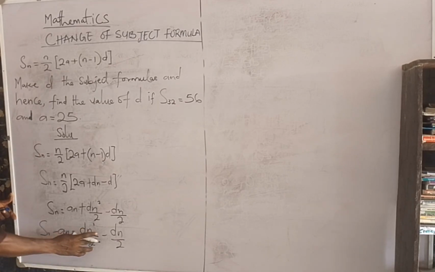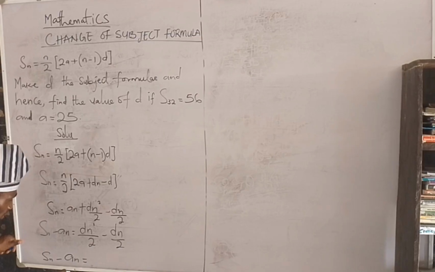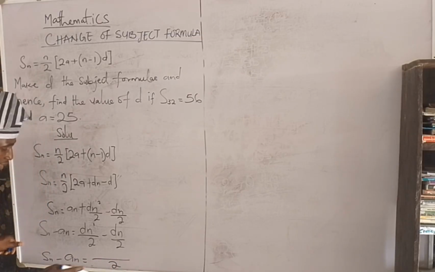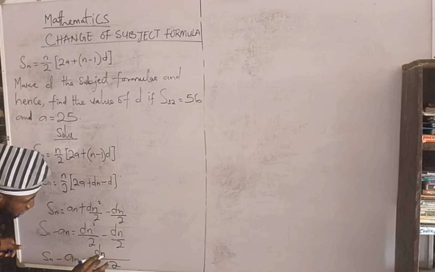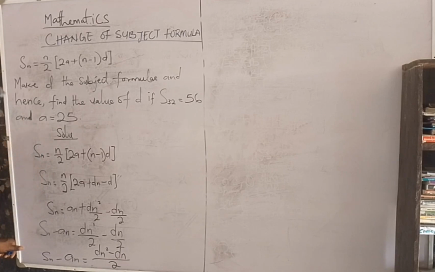So we are going to find the LCM of the right hand side to make it a linear equation. Then that becomes Sn minus an is equal to 2 as the LCM. Then we'll have dn squared minus dn.